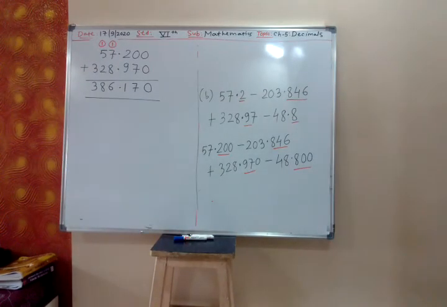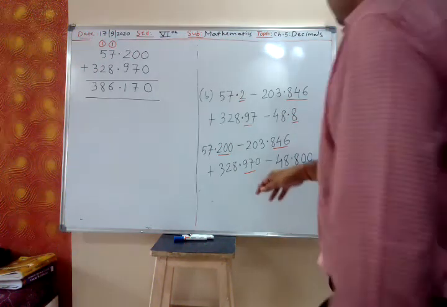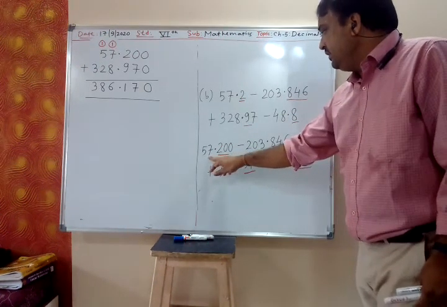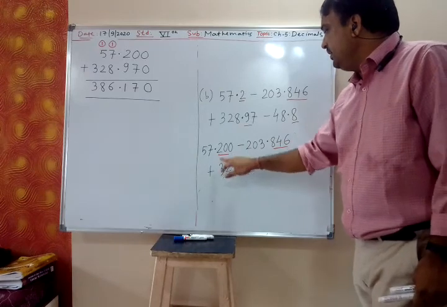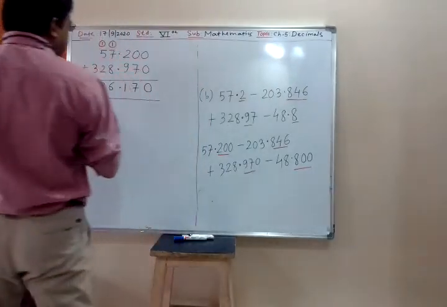First you add the numbers with plus sign. Very much clear, right? These two, 57 and 328, are having plus sign. First I add them, and this is my first step.